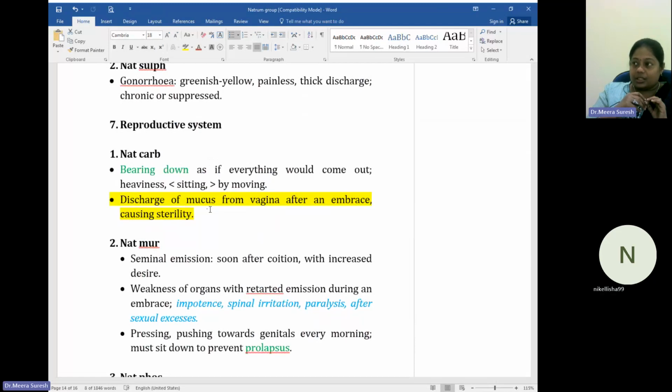This is something I have a doubt about: mucus releasing from the vagina just after an embrace, and how that can lead to sterility, because I couldn't connect it with any practice of medicine condition. I didn't get a proper answer from anyone I asked.